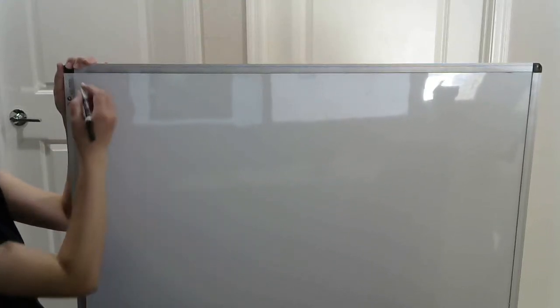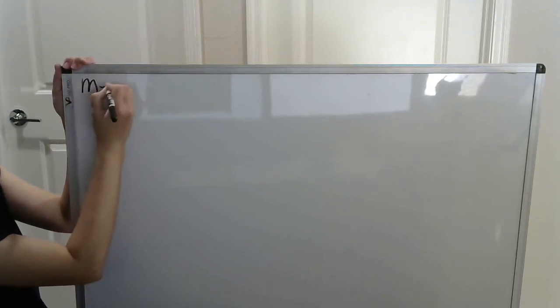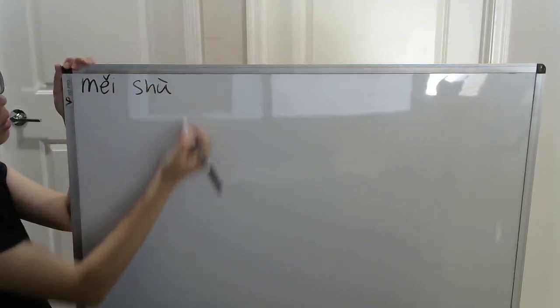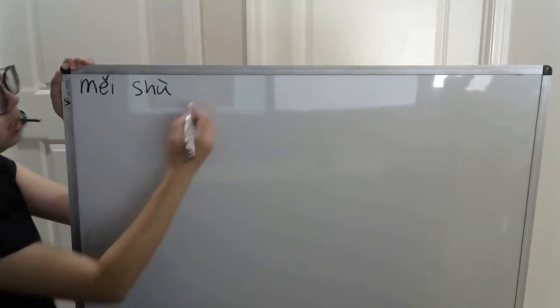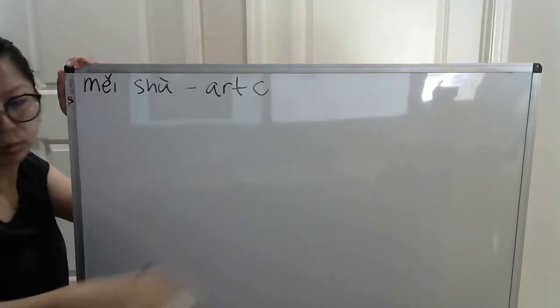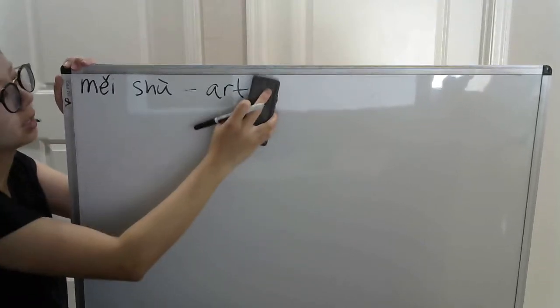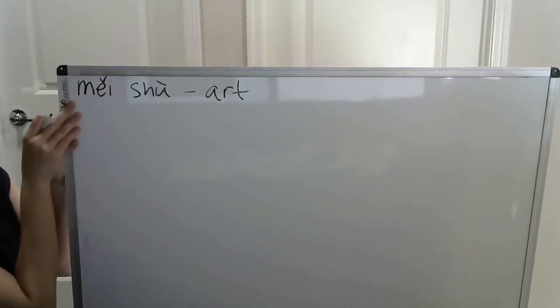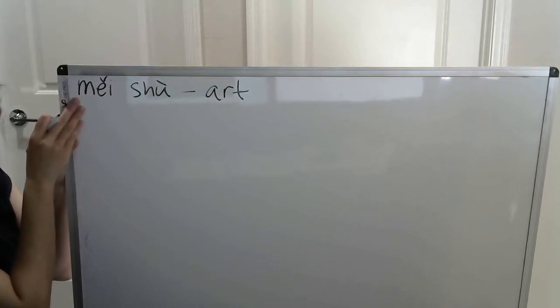Okay, so the 4 characters we're going to do today, to start with, we're going to do 美术. 美术, and if you remember, that means art class. Well, art, because we're not doing the word class in there. Okay, 美 means beauty, like pretty, beautiful.